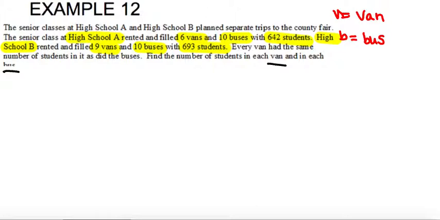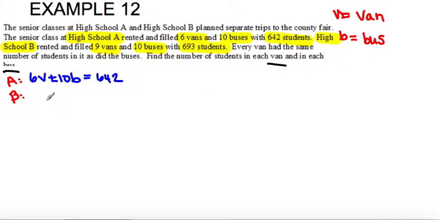Alright, so now to set up my equation, I know high school A will have an equation, and I know that high school B will have an equation. Okay, high school A's equation, we have 6 vans, so it's 6V, plus 10 buses, so we have 10B, with 642 students, so that equals 642.